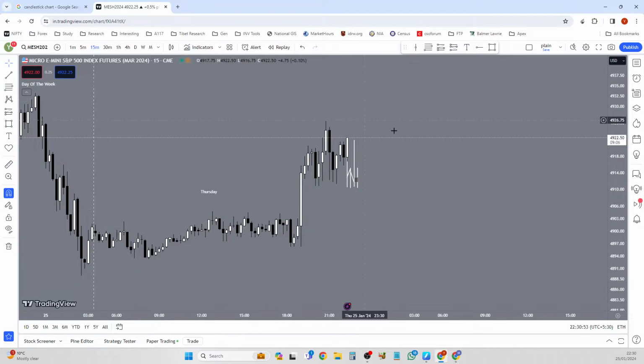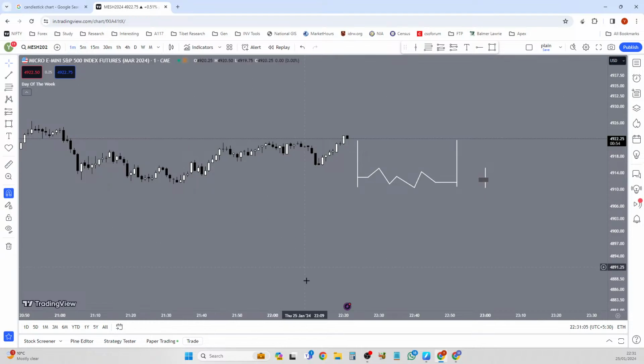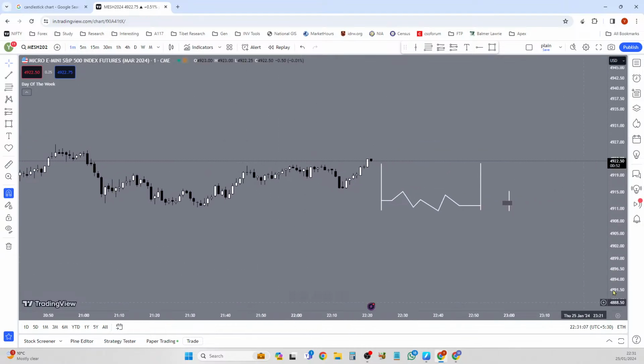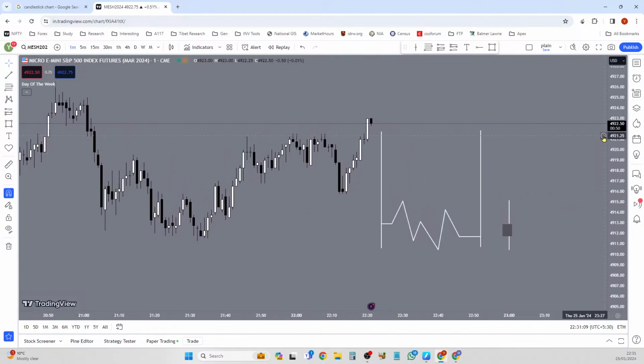So get used to how I'm indicating these candles and what are the price points that the candle is showing you. Now, another thing that you need to understand about a chart is the fractal nature of the time.